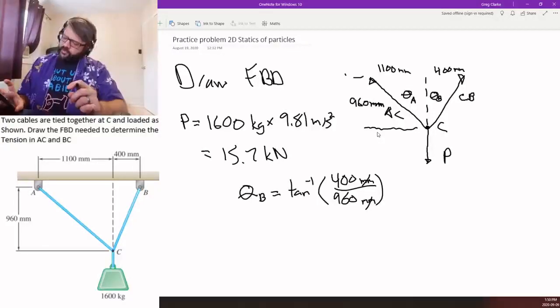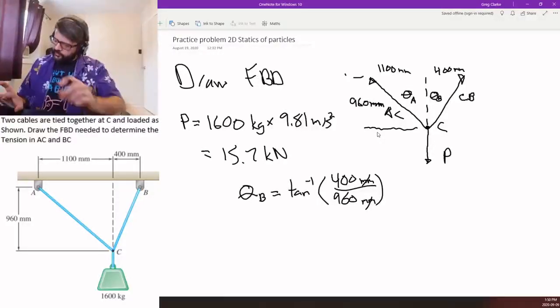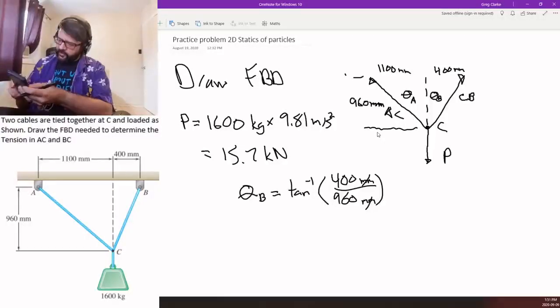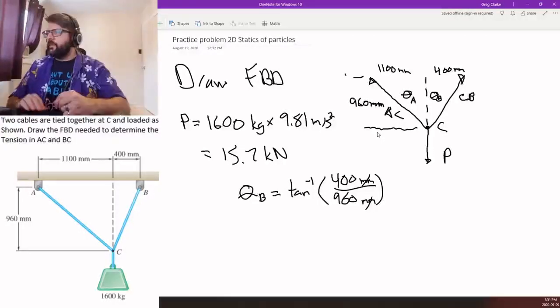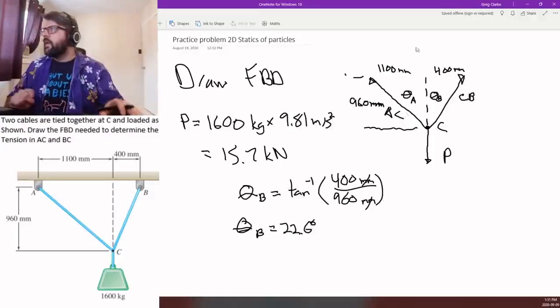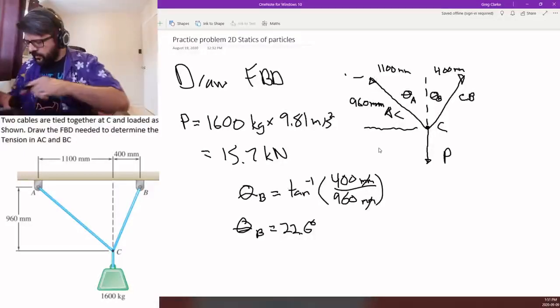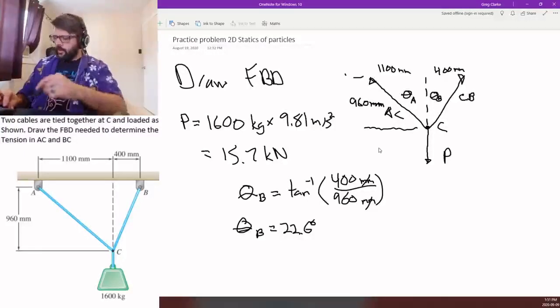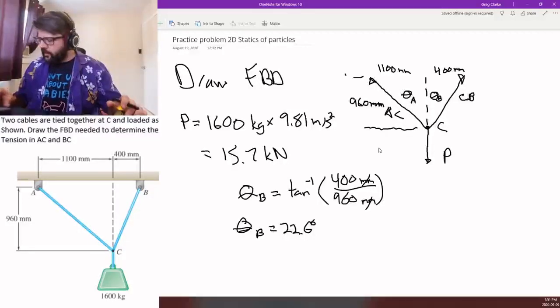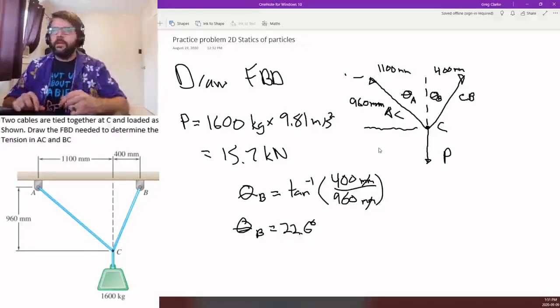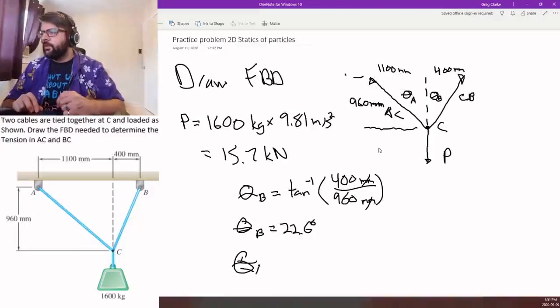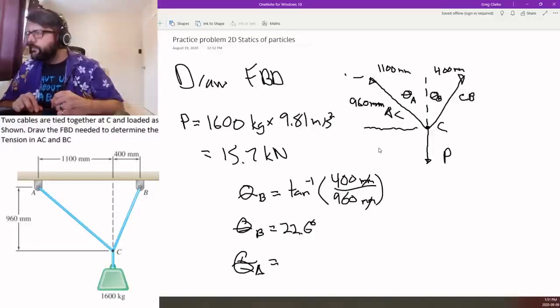So 400 over 960 is 0.41666666. Inverse tan of that, 22.6 degrees. And likewise, inverse tan of 1100 divided by 960 for our angle A there.